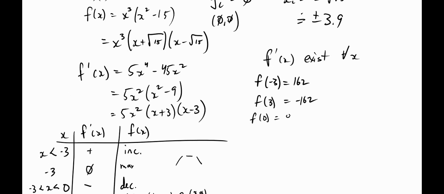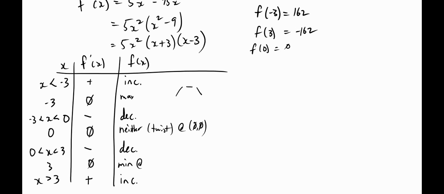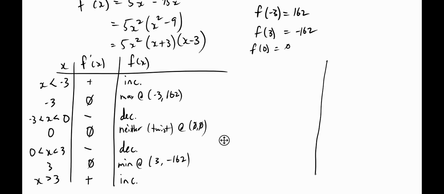We don't have to do it again, but there it is. So this is a max at -3, +162 local max, and this is local min at +3, -162. And again, I think we have all the information we need to go ahead and sketch this guy.